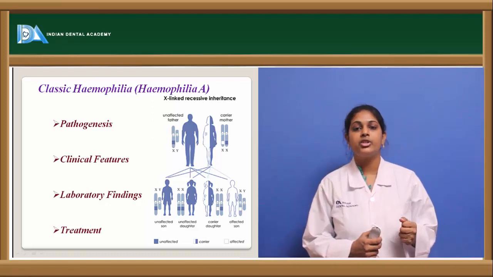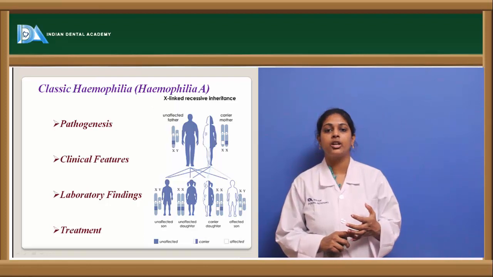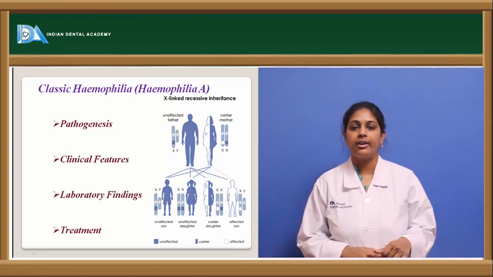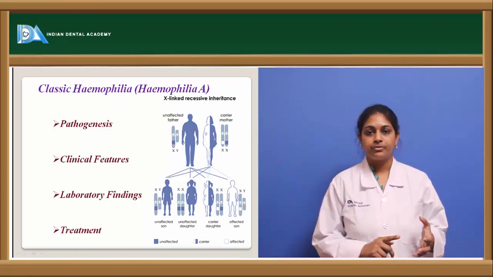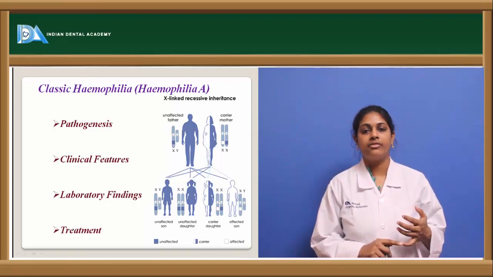In the clinical features, we see bleeding as a major feature, where hemorrhagic areas are seen in the tissues, joints, or bleeding from the nose, the oral mucosa, or from the gums.